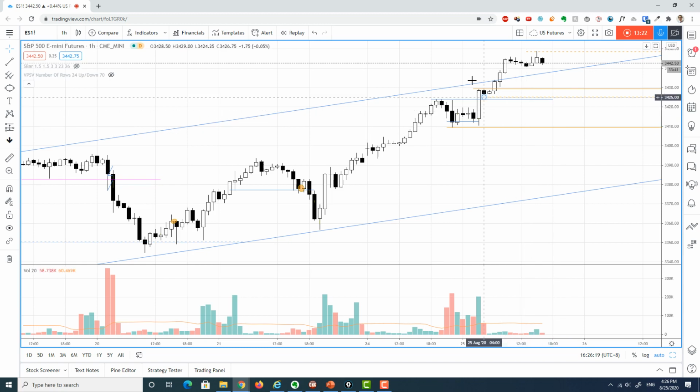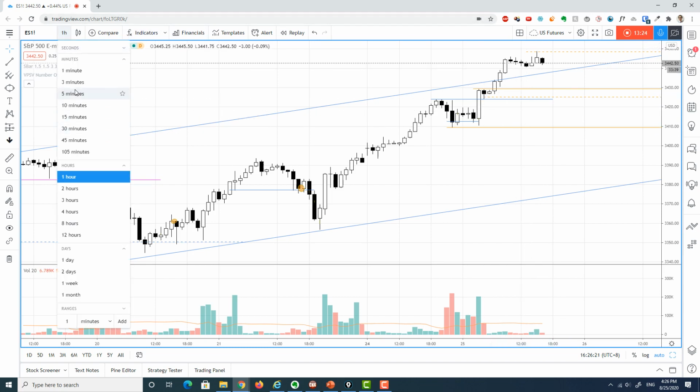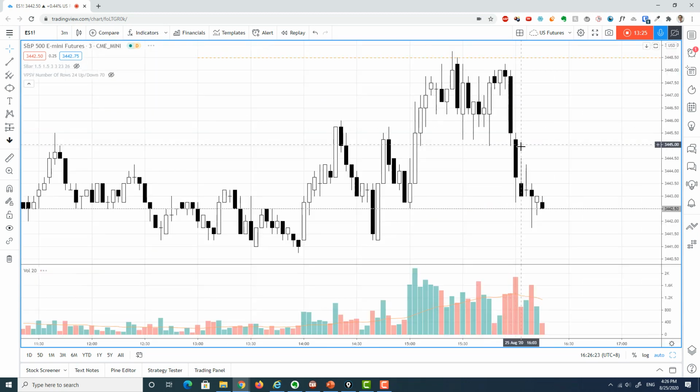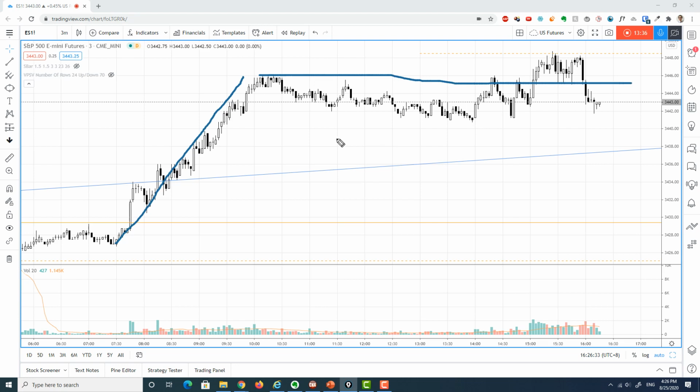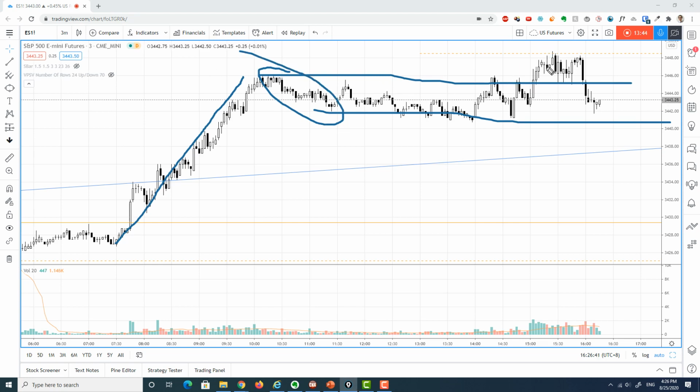I think in the smaller time frame, maybe in the 3 minutes chart, we could probably find something to highlight. For example, we have this strong rally up, followed by a trading range here. So definitely this is a change of character. Right after that, we entered into a trading range, with a bit of upthrust action here.